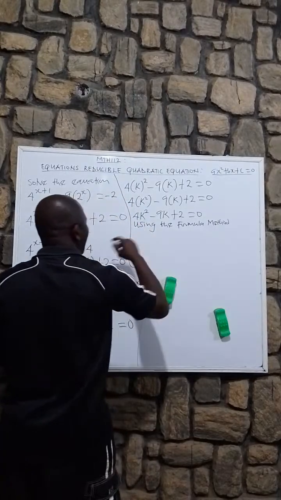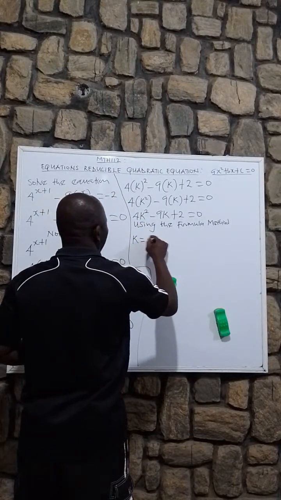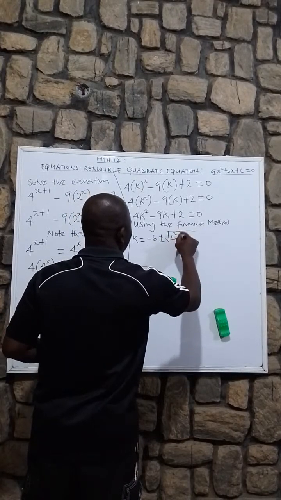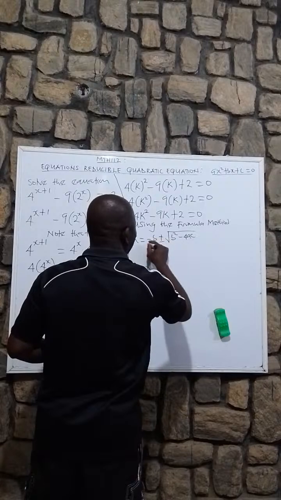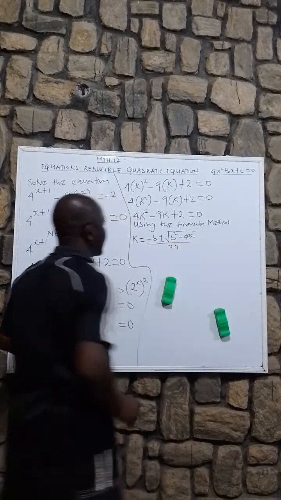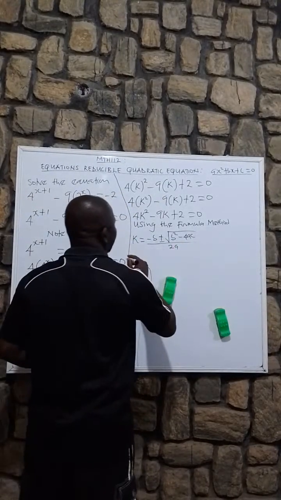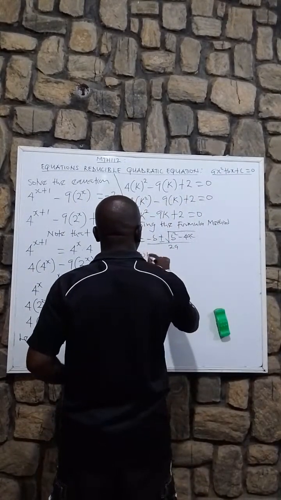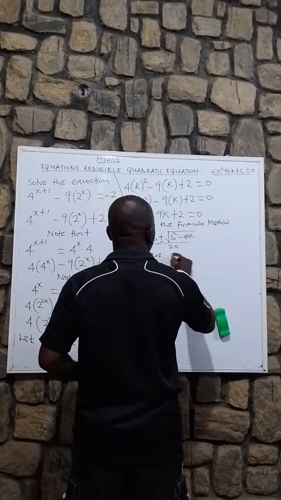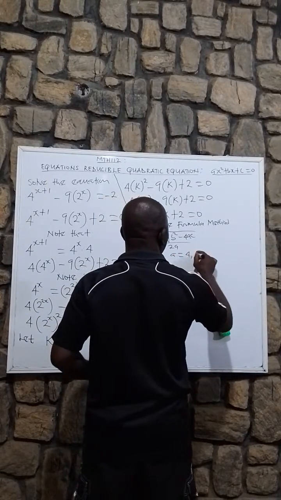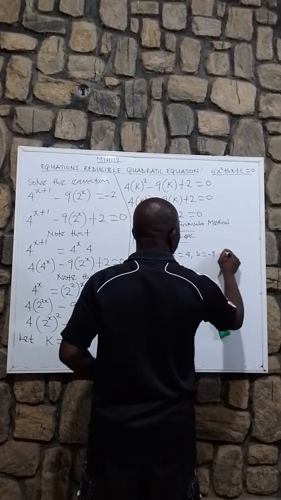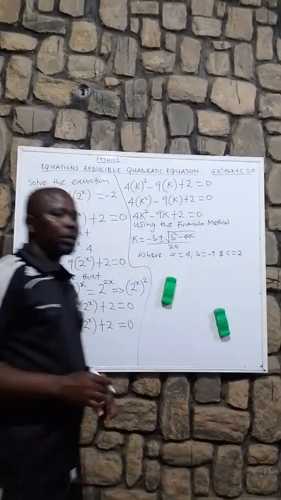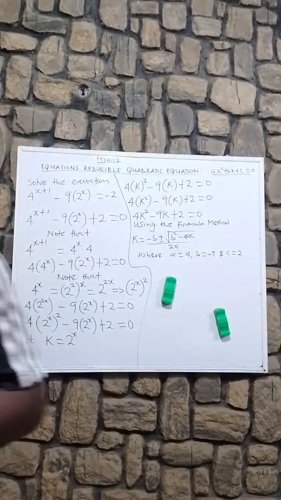So it means our k is equal to minus b plus or minus square root of b squared minus 4ac all over 2a, right? So where is our a? Because look at it, we compare it with this, where a is 4, isn't it?